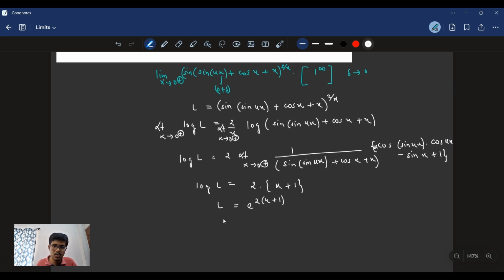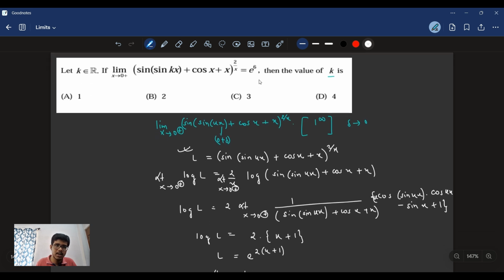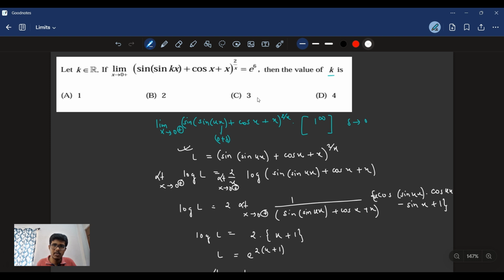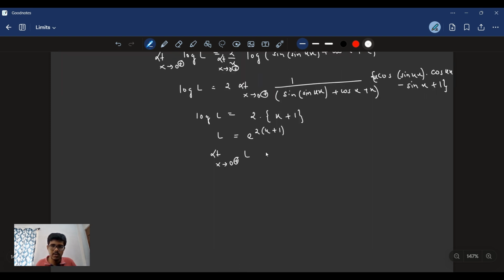Now for your own clarity, I am doing one more step, that is I am putting limit x tends to 0 plus of L. Why L? Because if I replace this L with the expression given on the right hand side, we are getting this, whose value is basically equal to e to the power 6.